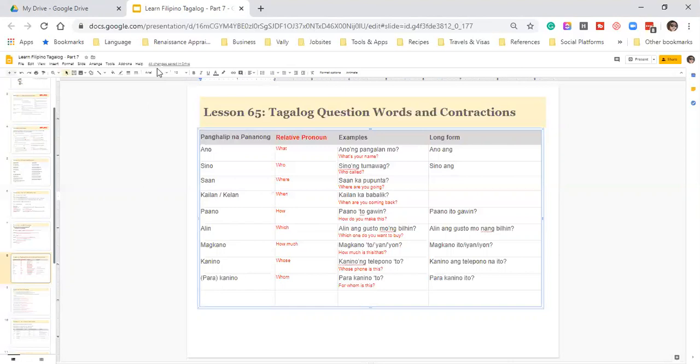Okay, we're going to use the word ano. Let's use the word ano. If you notice, what asks for something. It could be an object; it's mostly an object, or a noun.